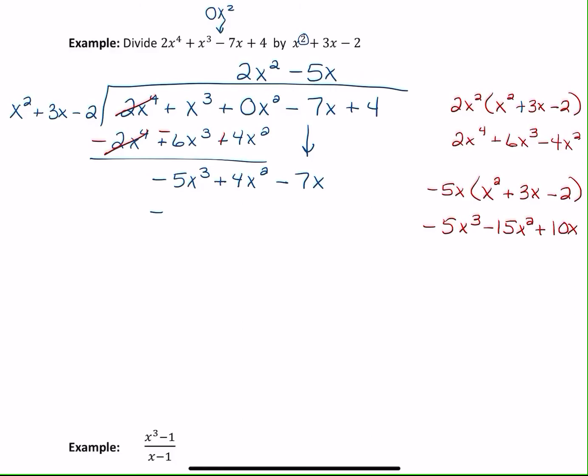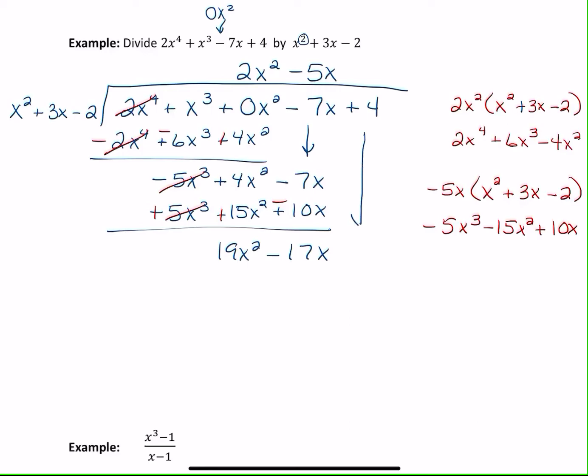Line that up underneath. And then when you subtract, change your signs. So I've got 19x squared minus 17x. And then I'm going to bring down the last term.